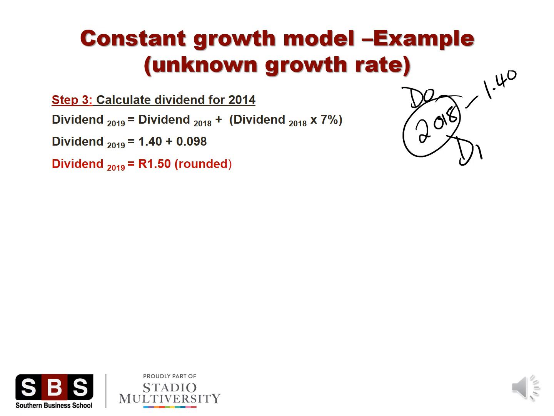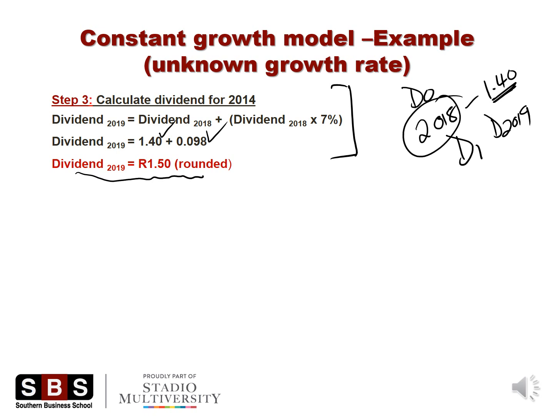So in order to obtain dividend D1, which is the dividend for 2019, we need to increase this dividend by 7%, which is what we are doing here. The current dividend plus an increase of 7% gives us the 2019 dividend of R1.50.